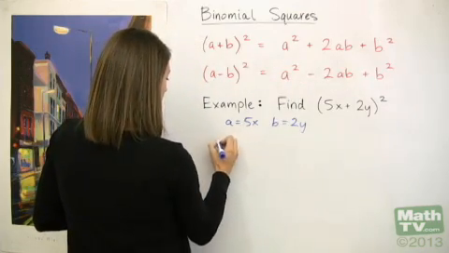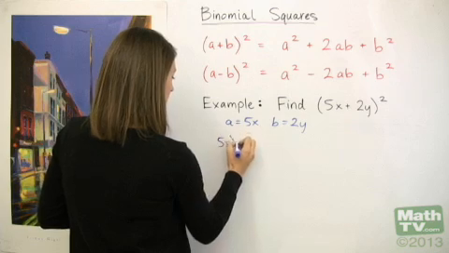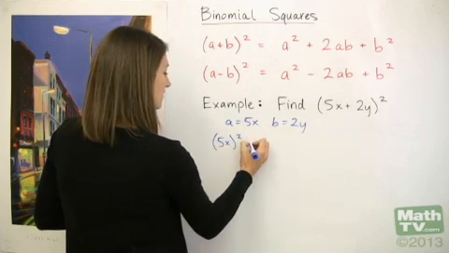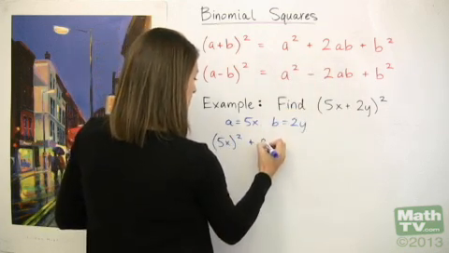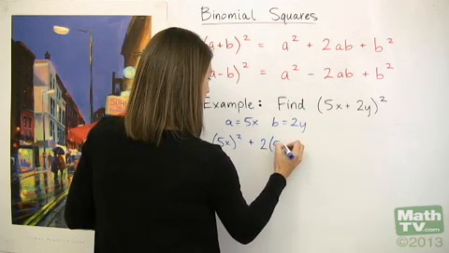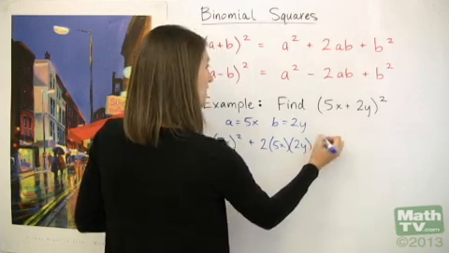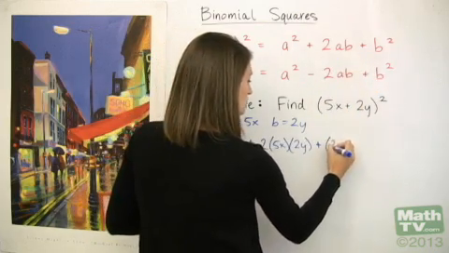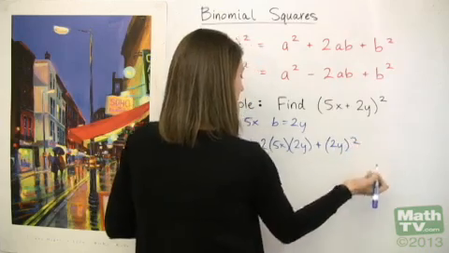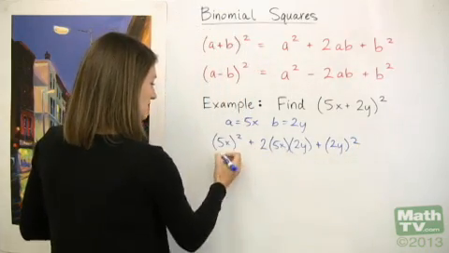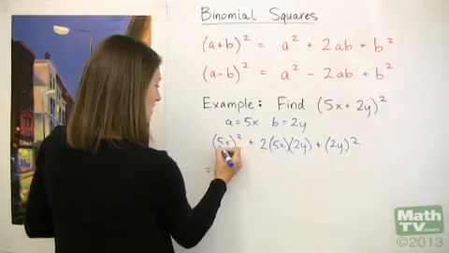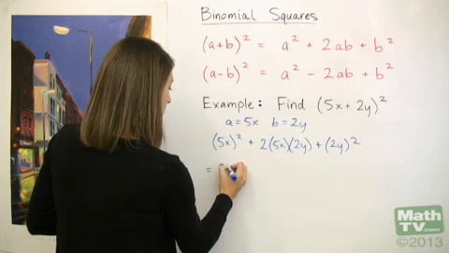So a squared is (5x) squared, plus 2ab, so we have 2 times 5x times 2y, plus b squared, which is (2y) squared. So now let's simplify this. This then is equal to 5 squared, 25.